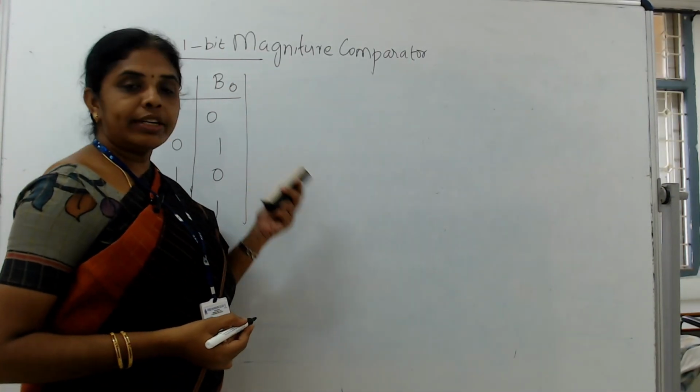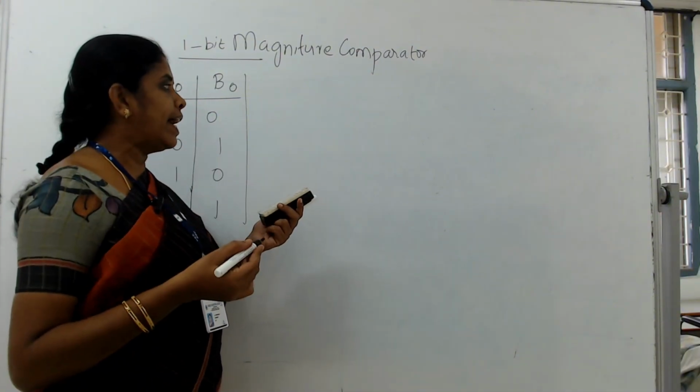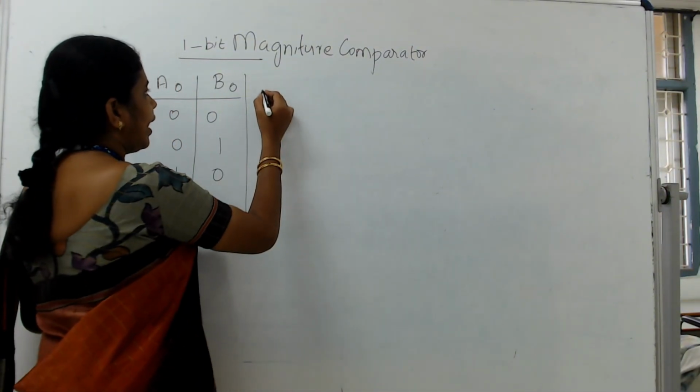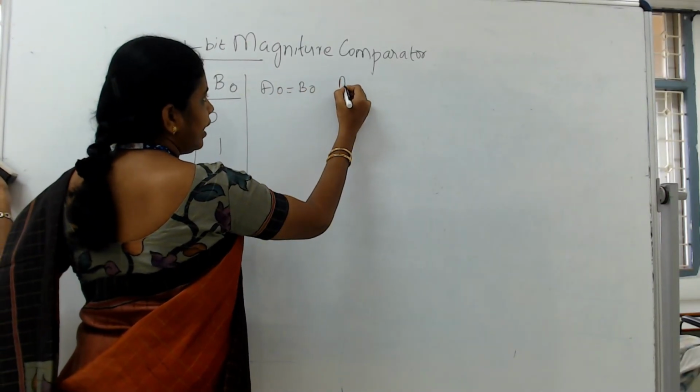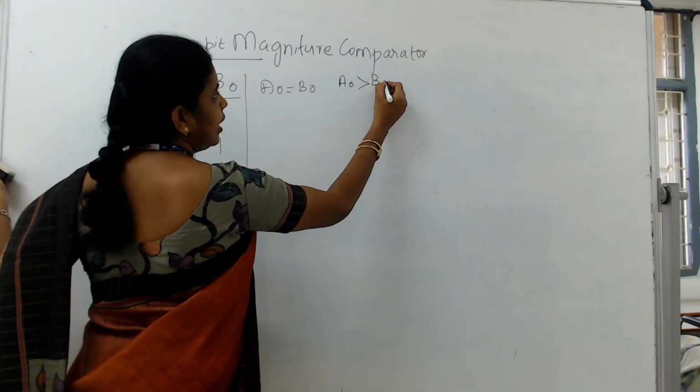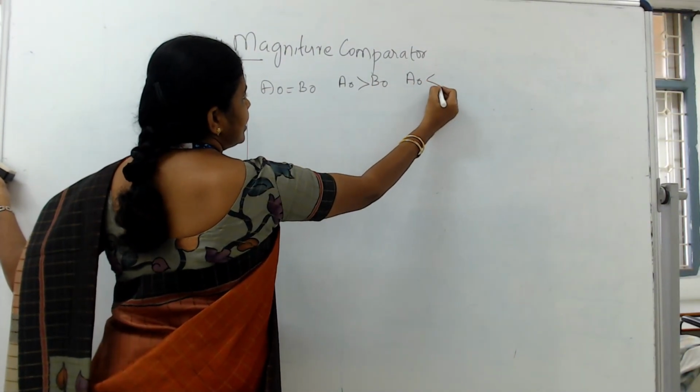As we already discussed, it will have three possible outputs: A naught equal to B naught, A naught greater than B naught, and A naught less than B naught.